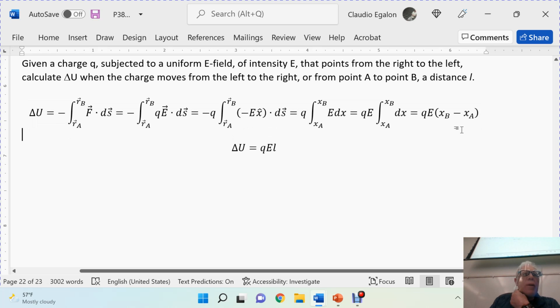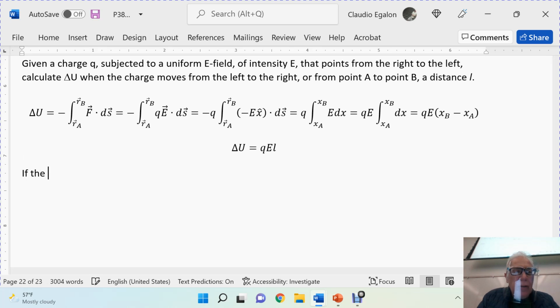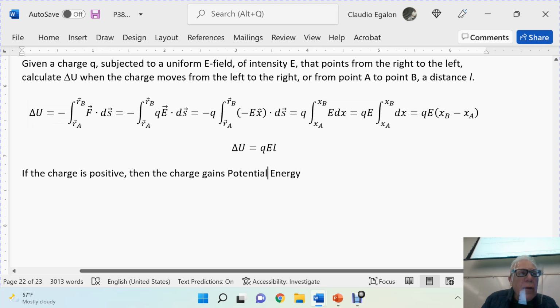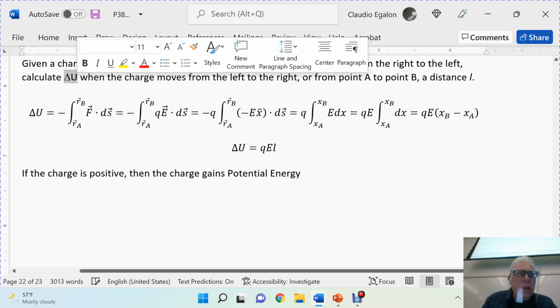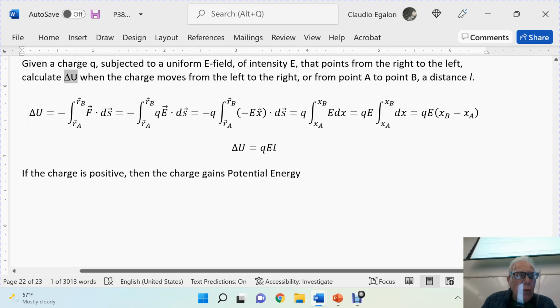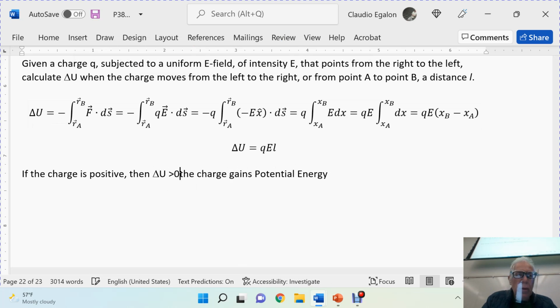Calculate delta U when the charge moves from the left to the right, or from point A to B, at distance L. If the charge is positive, then delta U is positive, and the charge gains potential energy.